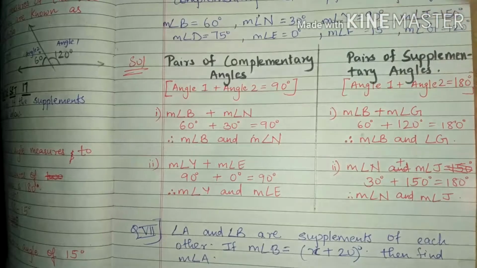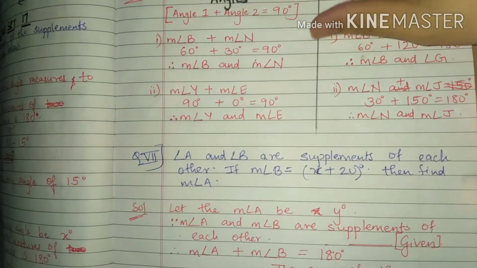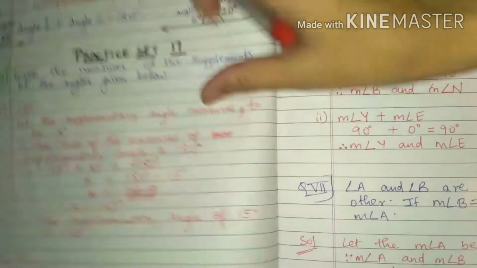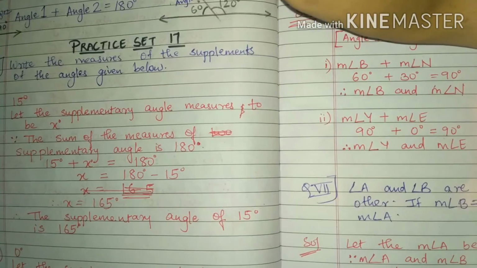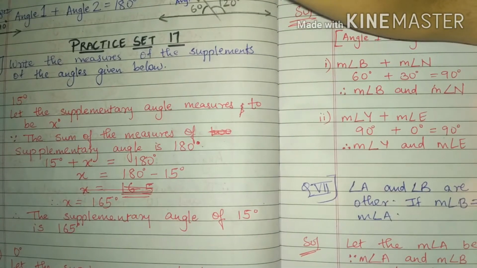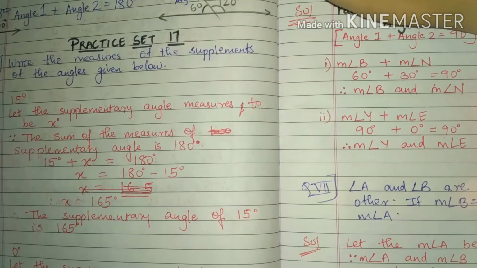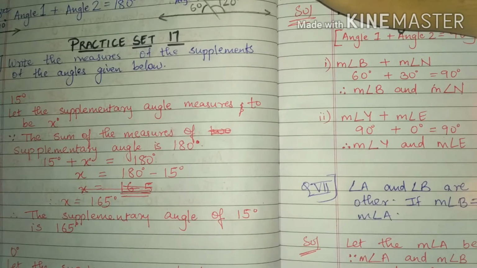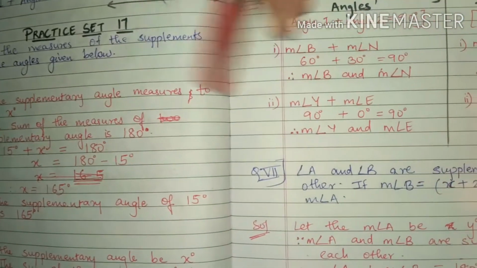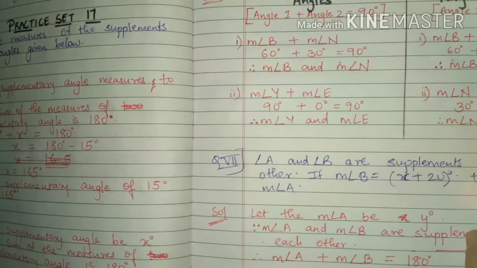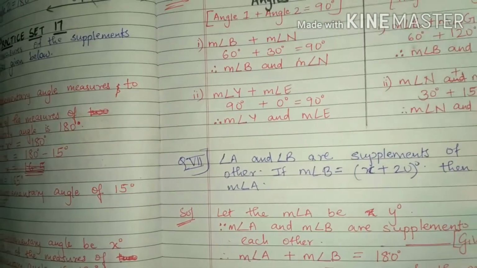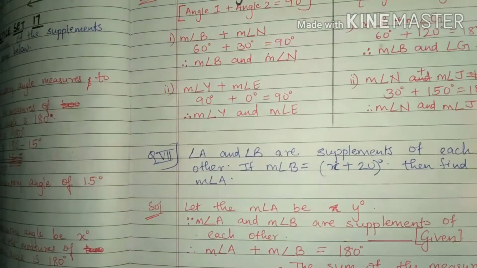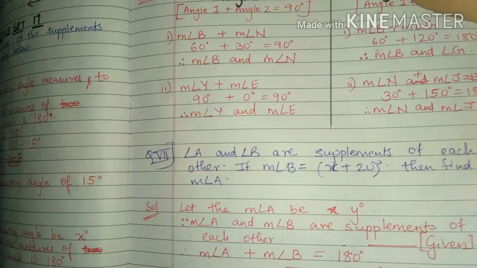Second question. Now let's move to questions which are similar to this, in which we just have to use the definition of supplementary angles. That only I am taking in this lecture. The rest we will do in our next class, which are a little bit hard.